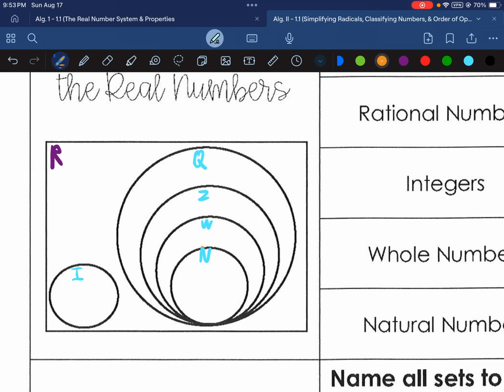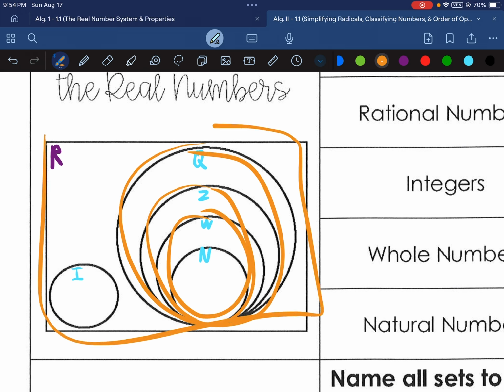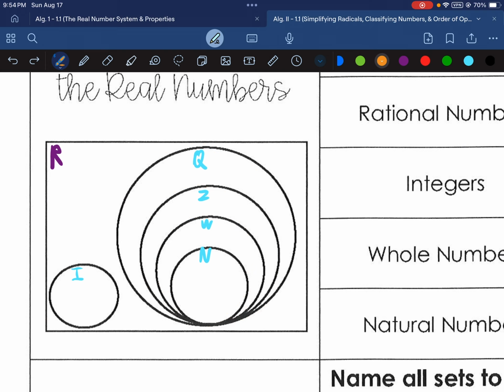I think this graphic really showcases that once you're inside of this, it's still a part of the big circle and this big square, meaning numbers that are natural are also whole numbers, integers, rational numbers, and real numbers. They're all of the groups that they're inside of, whereas integers are not automatically natural numbers or whole numbers.